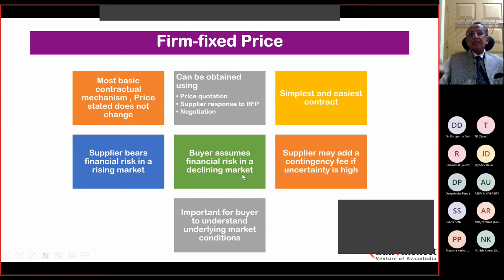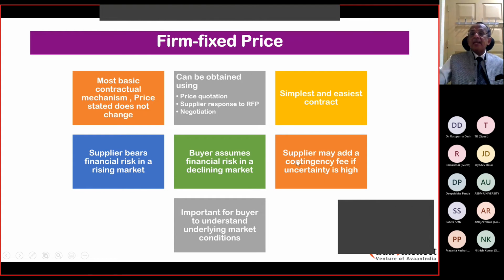It's like a balance. When market prices are going up, the supplier has to bear the financial loss. In a declining market, the buyer has to assume the responsibility. So this is where they have to have an agreement between the two.